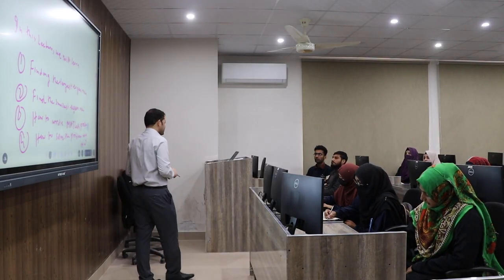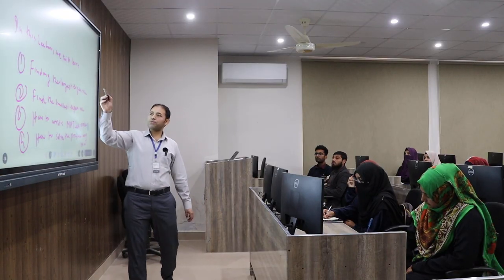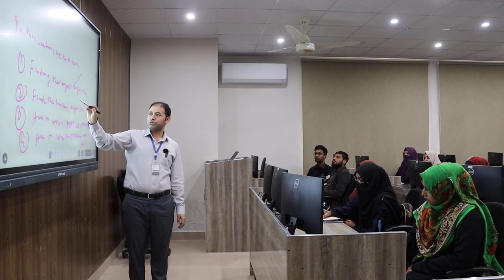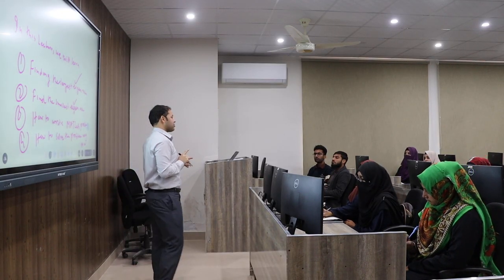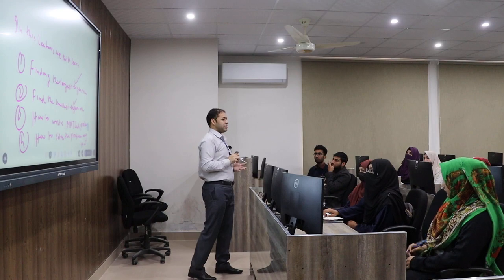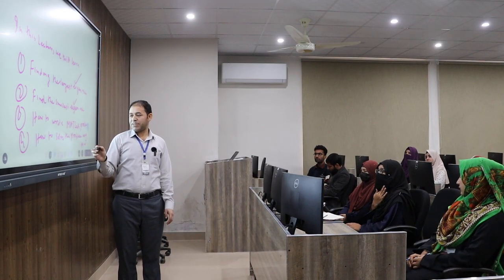Okay, understood all of the things? Firstly, how to find the largest eigenvalue. Secondly, how to find the smallest eigenvalue and write the MATLAB code. In all the previous courses, I wrote the programs in the MATLAB window and solved the problem manually as well as in MATLAB.